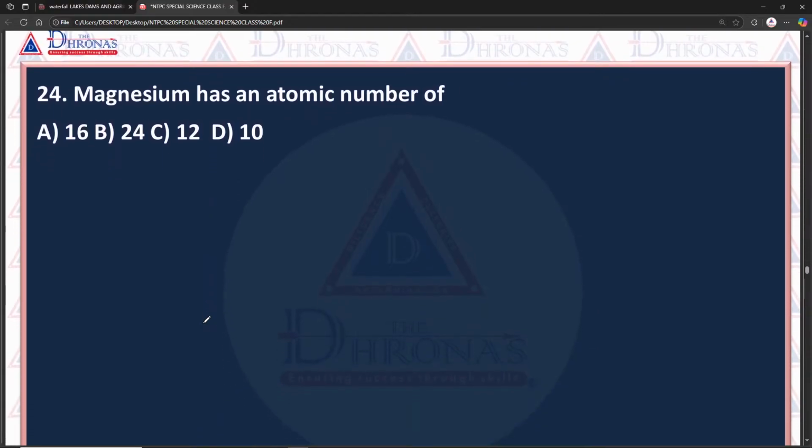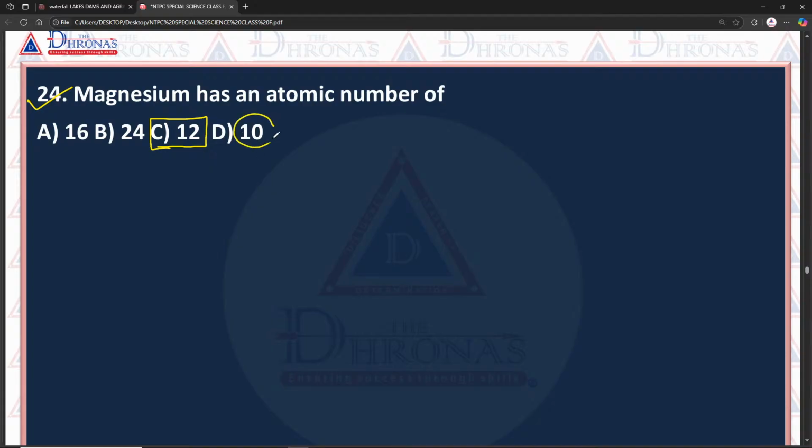24, magnesium has an atomic number of... options are 16, 24, 12, 10. 12, correct. Magnesium has atomic number 12, Mg12.